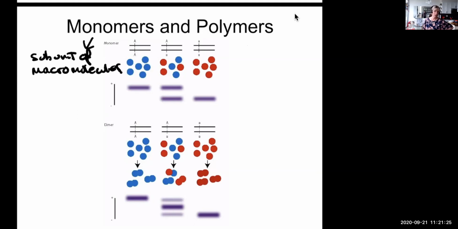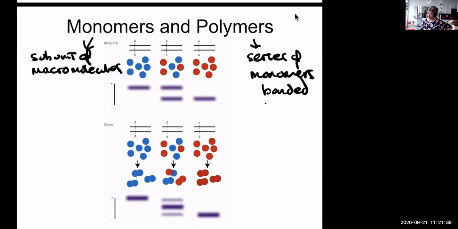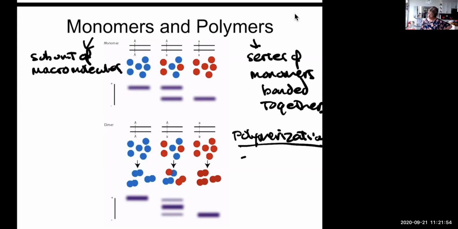Proteins have 20 different monomers, 20 different amino acids. Polymers are simply a series of monomers bonded together. The term polymerization refers to the bonding of the monomers together. Polymerization.